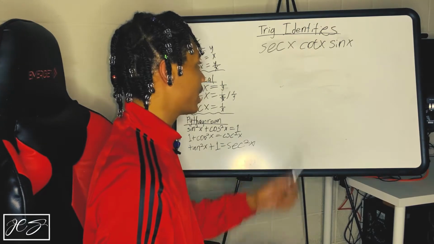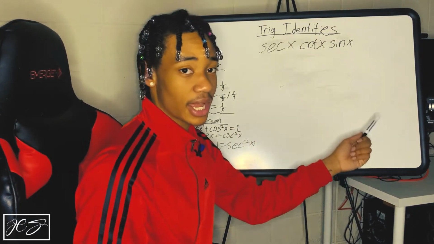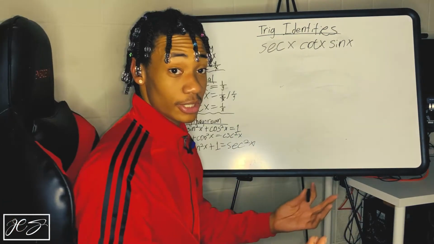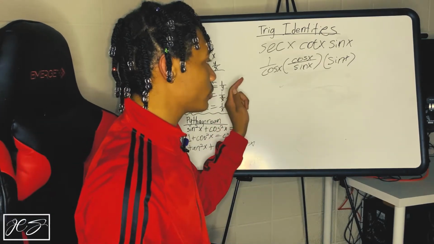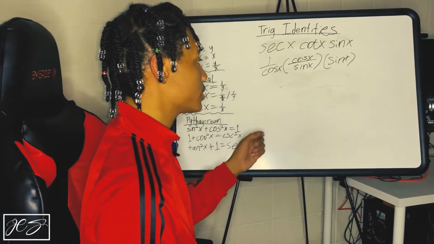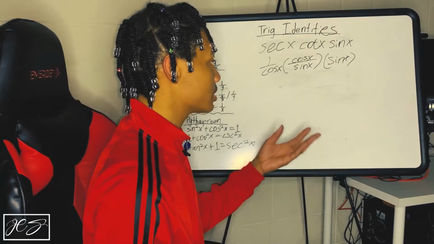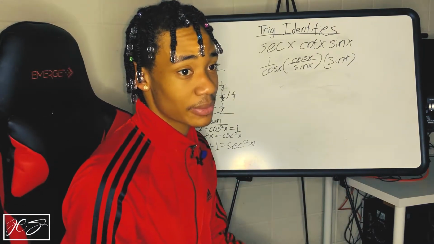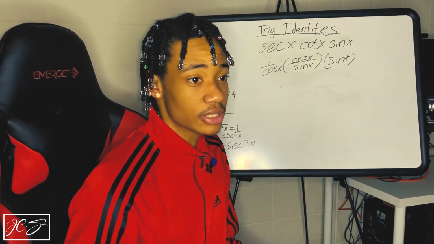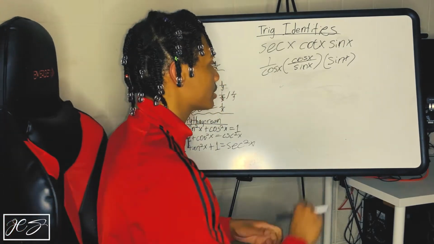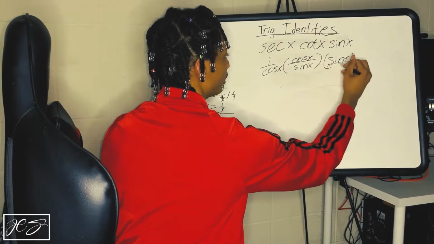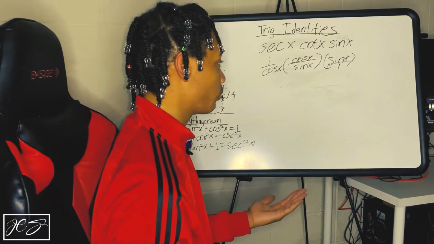So here we have secant, cotangent, and sine all multiplying together. Let's break them down. So we have 1 over cosine x times cosine over sine x times sine x. Now let's say we combined all of these. Well, we will have to make sine a fraction. So put that over 1.